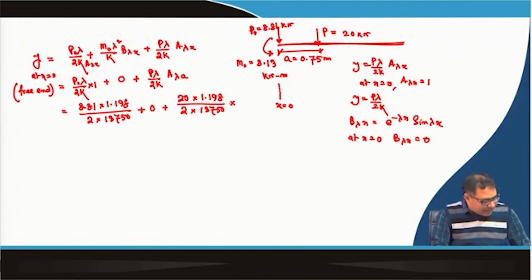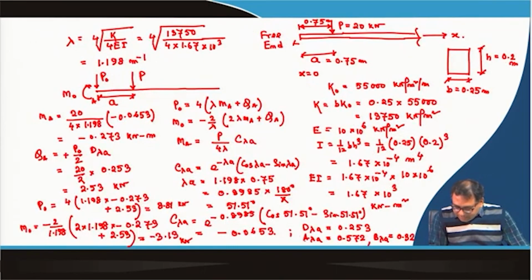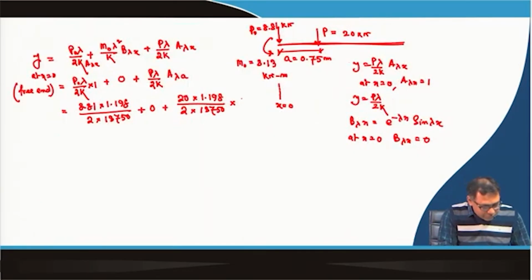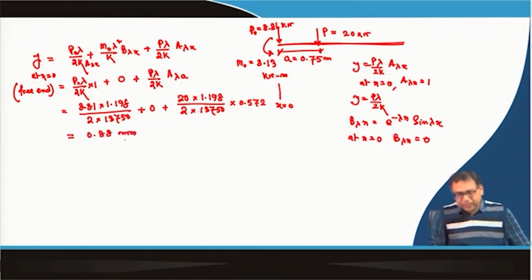A lambda a, we have calculated, is 0.572. So, we will put 0.572. This value is coming out to be 0.88 millimeter. So, this is the settlement at x equal to 0 or free end, that is 0.88 millimeter.